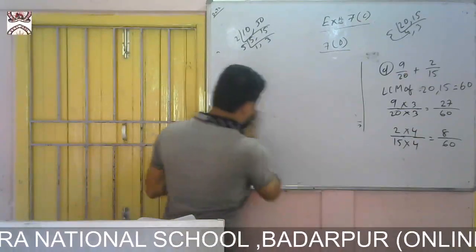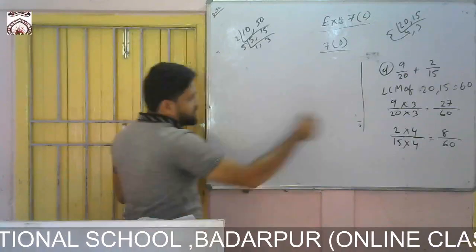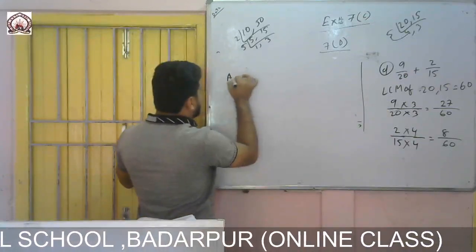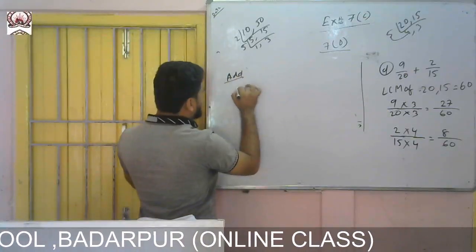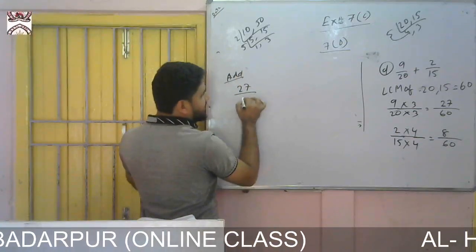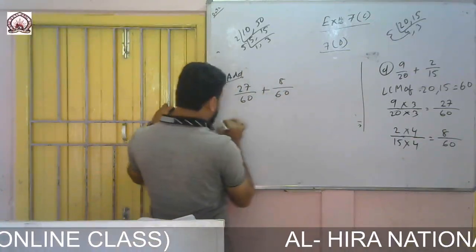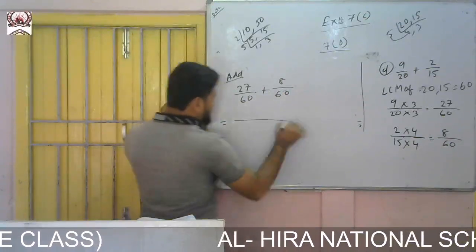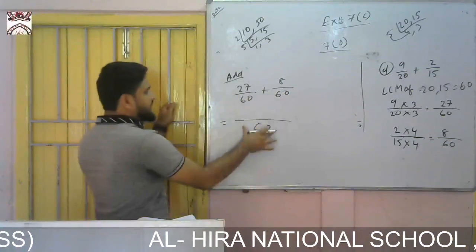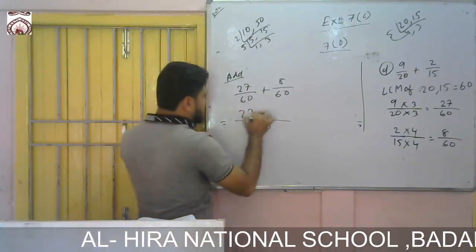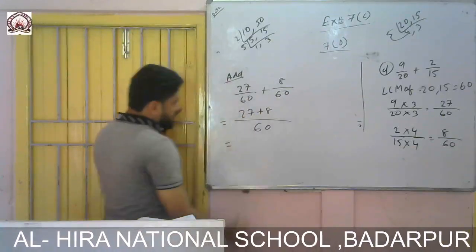Now add it. 27 by 60 plus 8 by 60. Okay. Now 60, since the denominators are same, I can directly add the numerators.